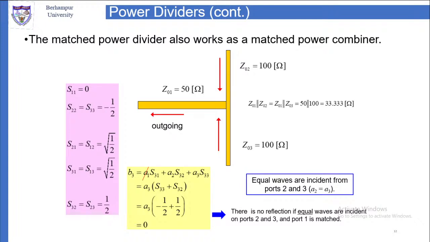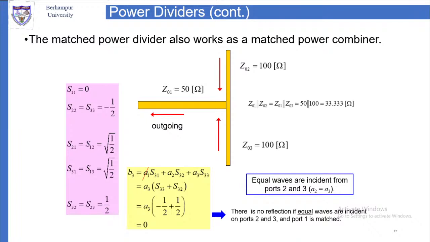The same thing works as a matched power combiner. Here equal waves are incident from port 2 and port 3, and they will combine. So when A2 is equal to A3, you can find out what is V3, which is equal to A1 into S31 plus A2 into S32 plus A3 into S33.